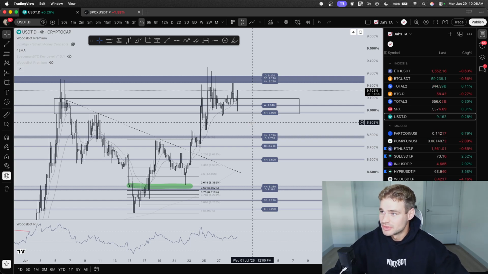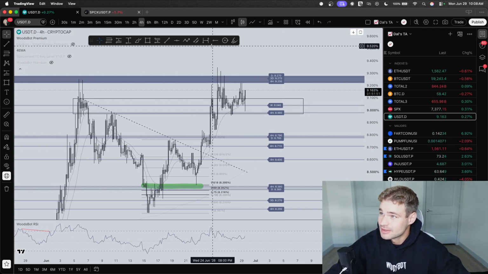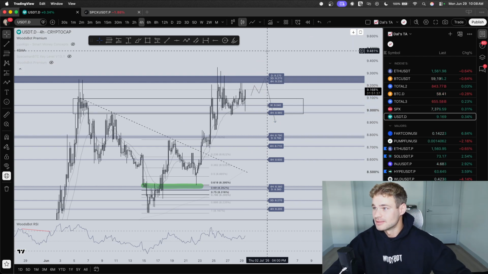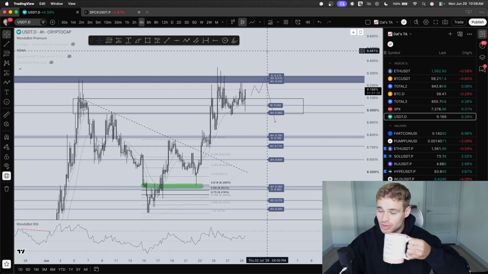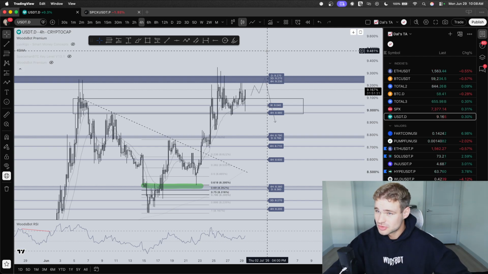But if USDT.D is rejecting, then the market is moving up, Bitcoin as well as alts. So pay attention to how this pair or index is trading. Very, very important. It's really as easy as that.